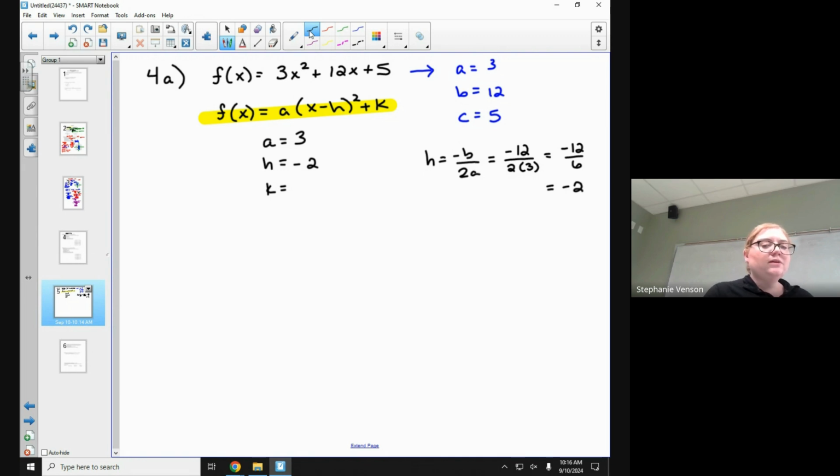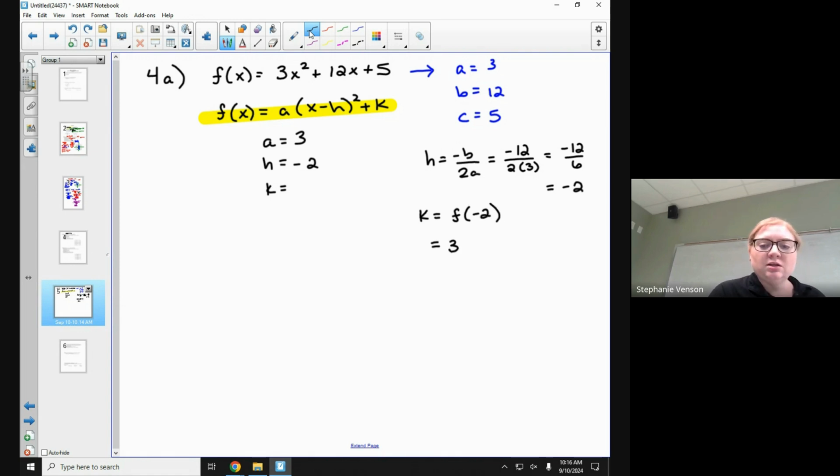Now, what's the only value that I'm still missing to be able to write vertex form? k. All right, but we know how to do that. To find the k, you just take the value you found for h and plug it back into the function. So we're going to evaluate f of negative 2.